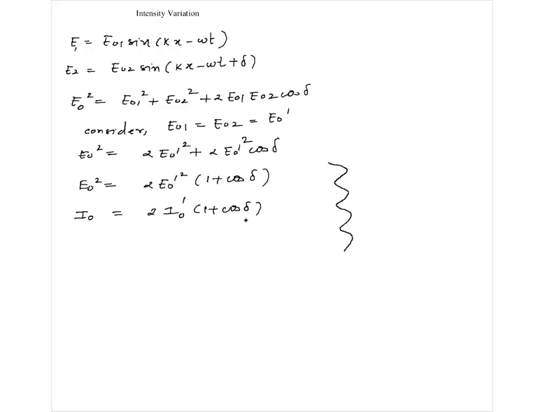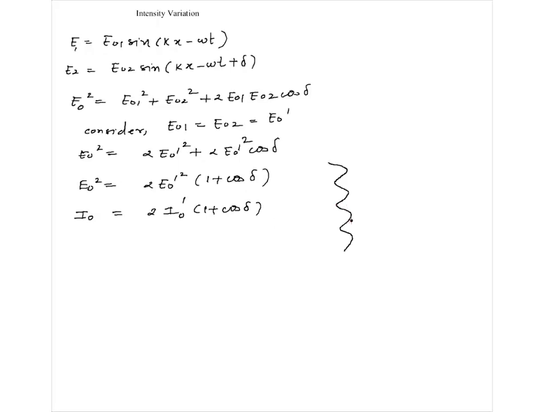You can write 1 plus cos theta as 2 cos square theta by 2. So it's somewhat like cos square function. Cos square function is on one side of the axis only. No question of intensity becoming negative. So this is your screen, maximum brightness, then darkness, 0. Likewise it will go on.